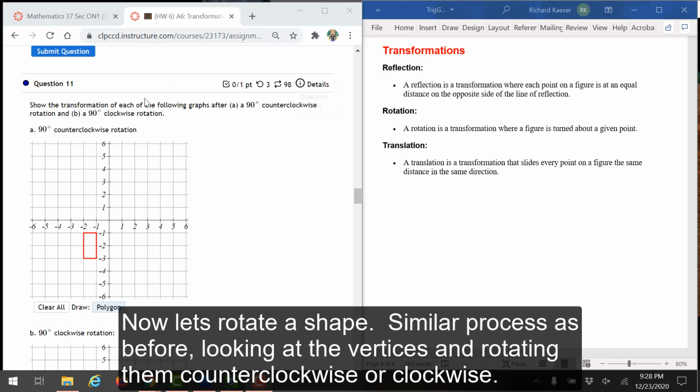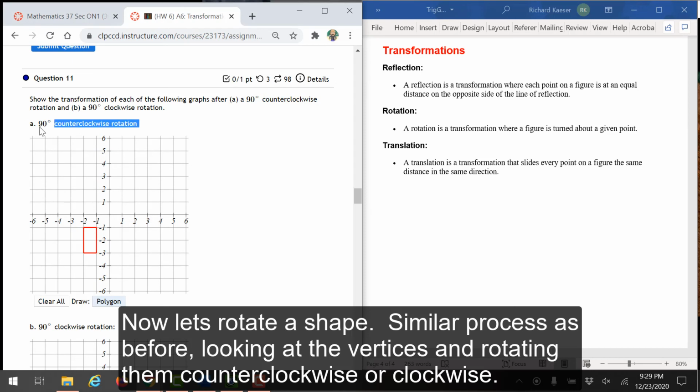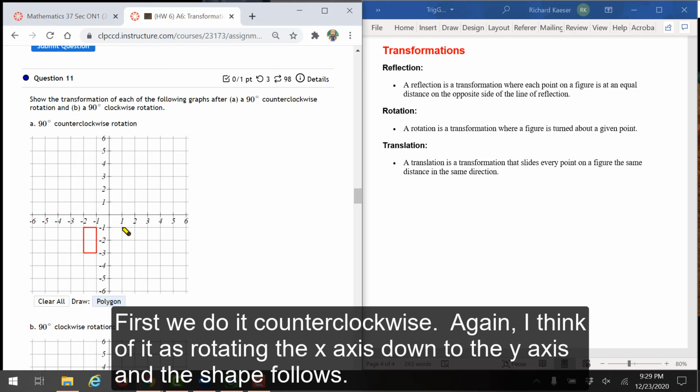Now let's rotate a shape. Similar process as before, looking at the vertices and rotating them counterclockwise or clockwise. First, we do it counterclockwise. Again, I think of it as rotating the x-axis down to the y-axis, and the shape follows.